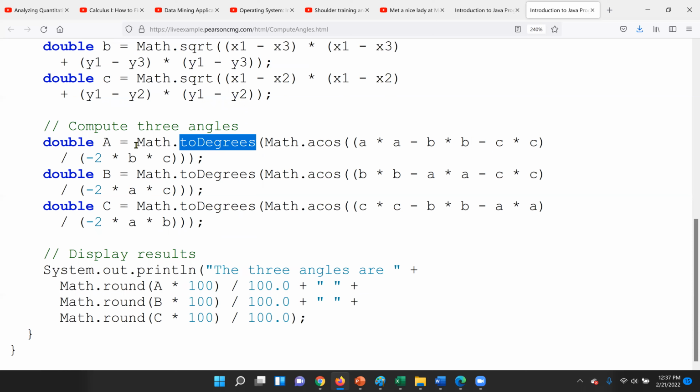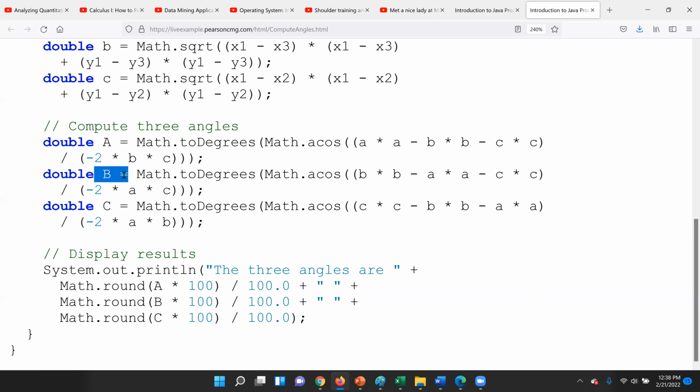To write it in Java, we need the Math.toDegrees, because we want our answer to be in degrees. Then we have Math.acos of A squared minus B squared minus C squared divided by minus 2BC.